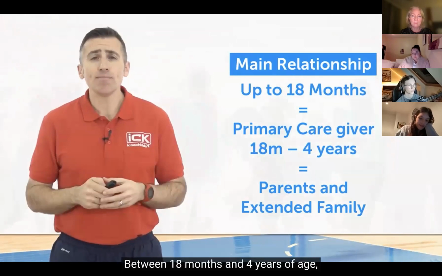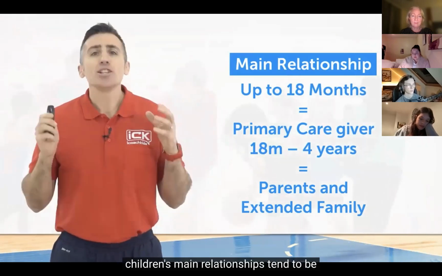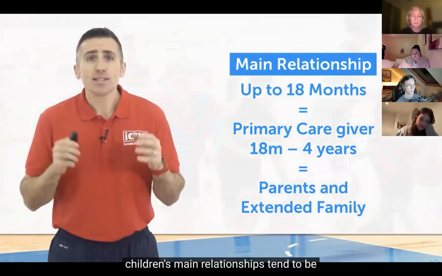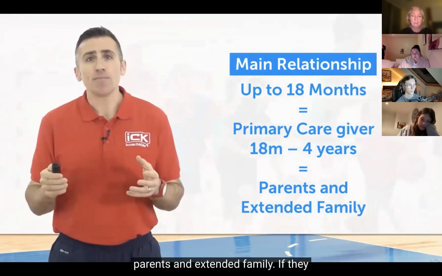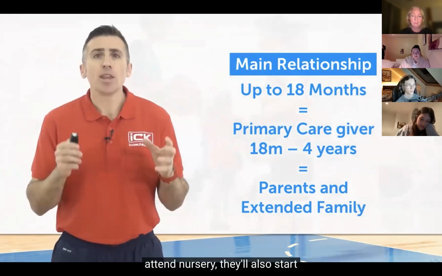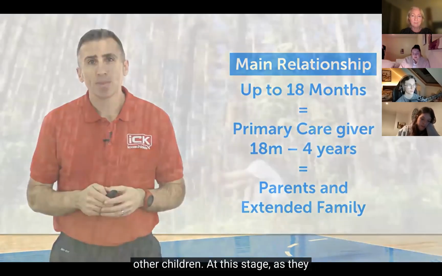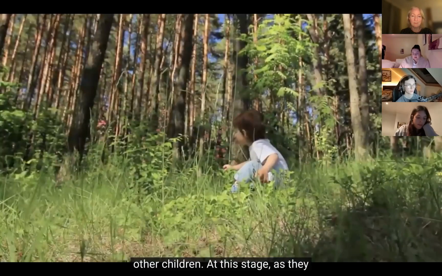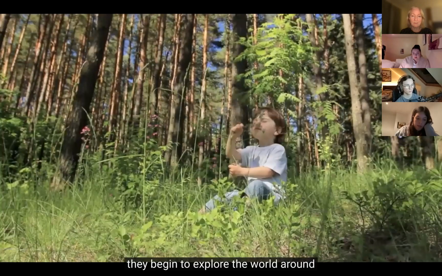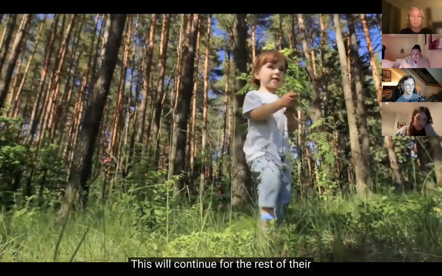Between 18 months and 4 years of age, children's main relationships tend to be parents and extended family. If they attend nursery, they'll also start building relationships with carers and other children. At this stage, as they become more mobile and self-sufficient, they begin to explore the world around them. This will continue for the rest of their lives.